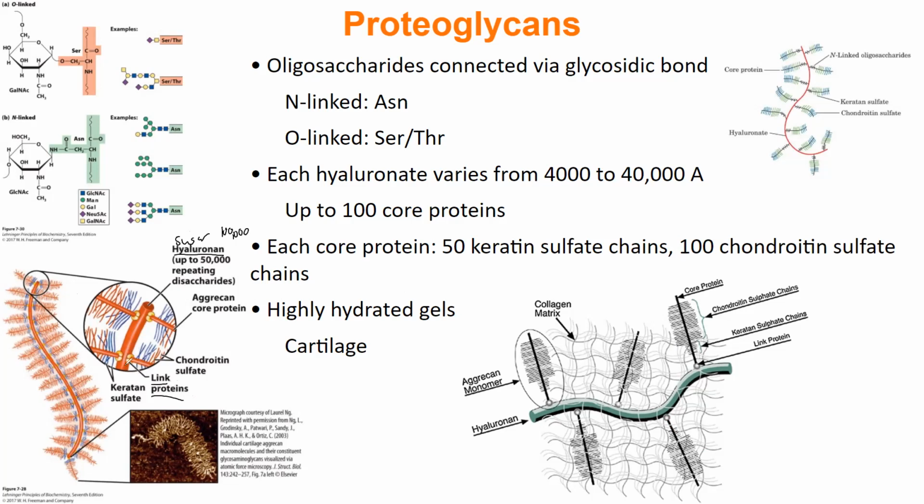So you have link proteins connected to this sugar. And connected to the sugar in the link proteins is what's called a core protein. This core protein is just another protein. And off of this core protein, you have more sugars. At the very beginning of the core protein, you have keratan sulfates, and then later on, you have chondroitin sulfates.